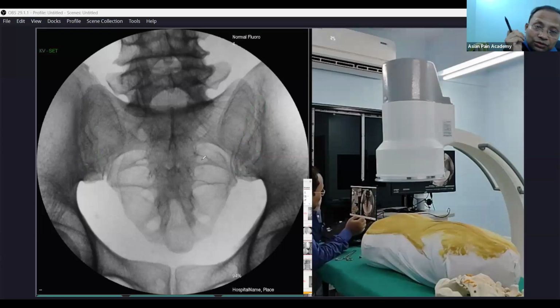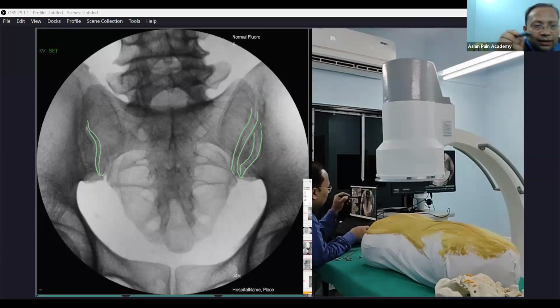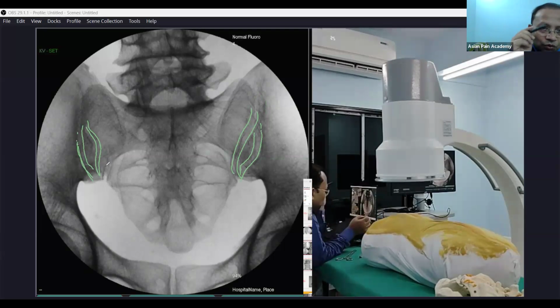Now the question comes, which one is the joint line? So we can see this is one joint line and this is another joint line. Okay, so we can see two joint lines here.